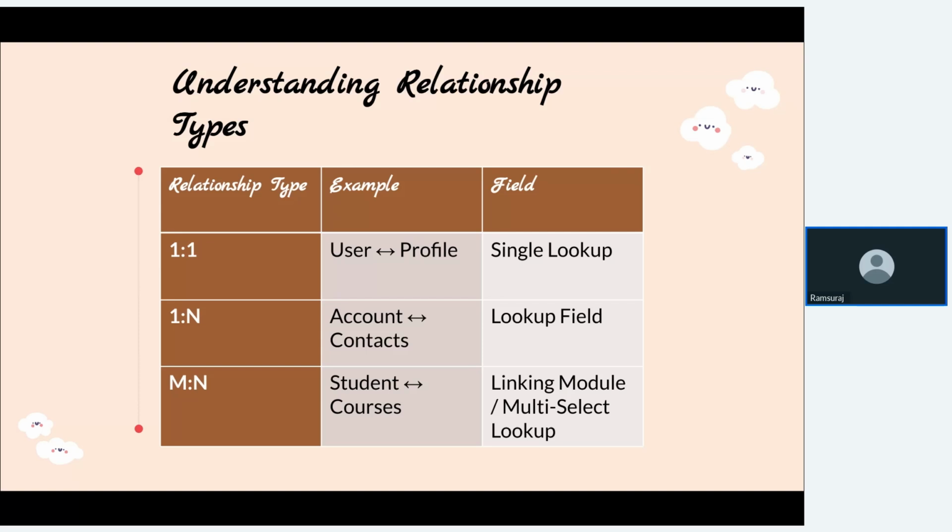This makes the lookup field suited to simple parent-child relationships. For example, account and contacts, product and orders, or project and tasks. These examples come under one-to-many, right? One project can have many tasks, so this one-to-many relationship is justified here.